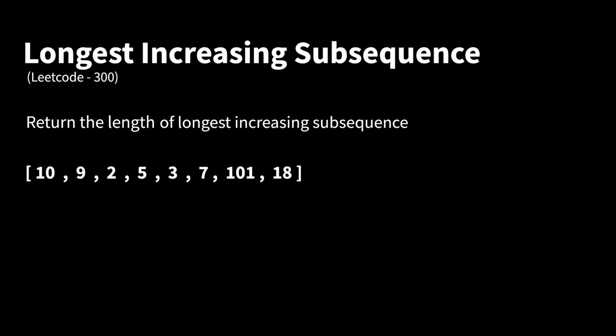And instead of 105, let's say if we had 20, then the optimal solution would be to skip this 101 and select 18 as your next number, and then after 18 you select 20 as your next number.